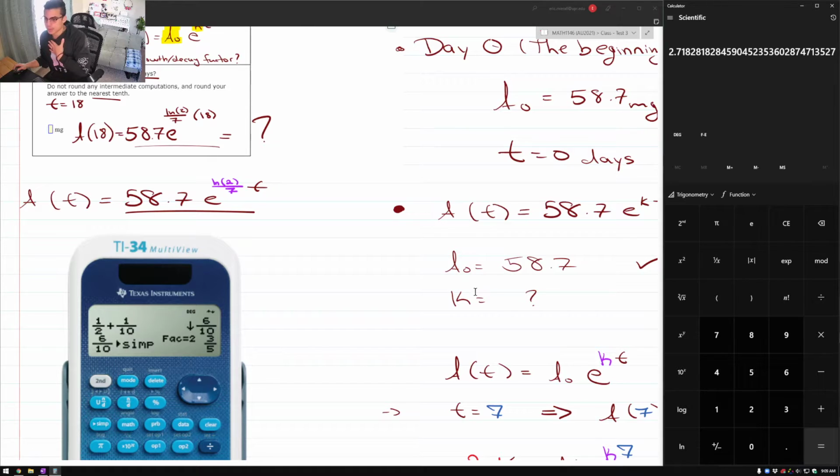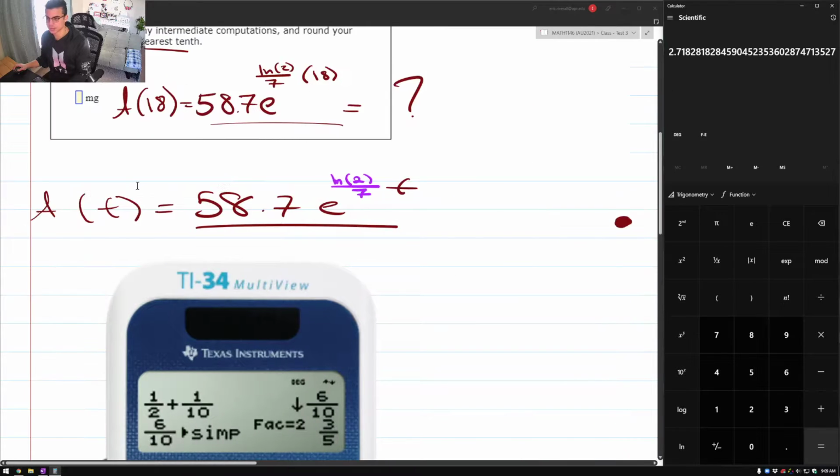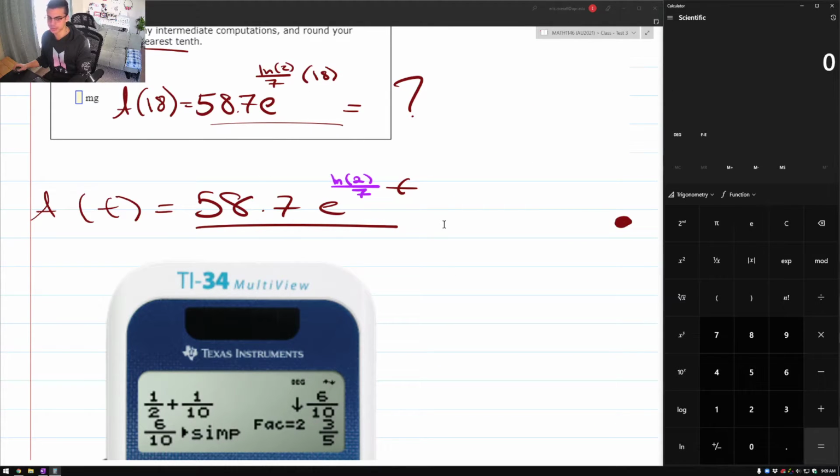I'm going to try to put this expression into a scientific calculator, the scientific calculator that is built in Windows. The way I do this is by first setting up the exponent. In this calculator, I have the option to put e raised to the power of 0.